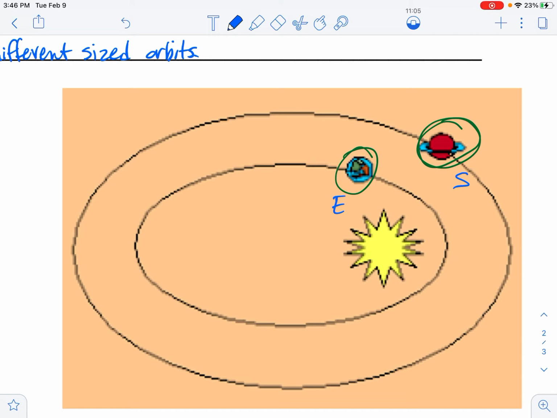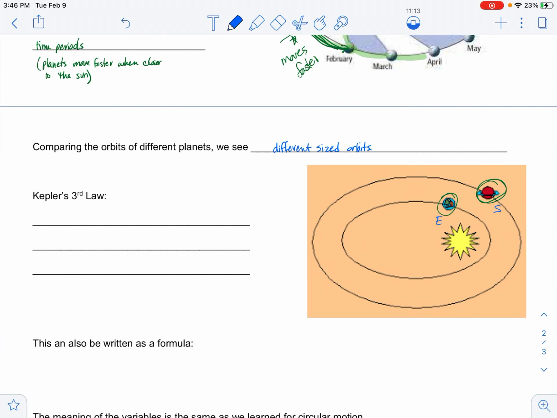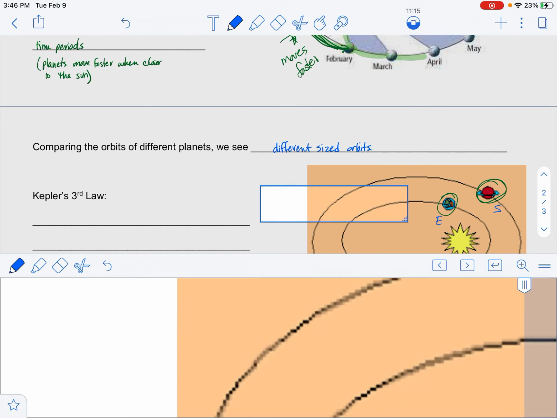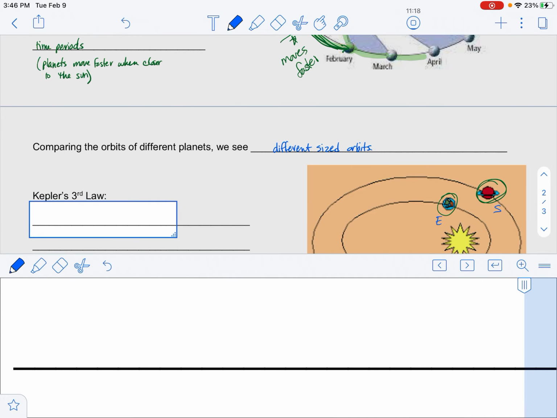Yeah, just by looking at it, right? You can tell me. It's going to take Saturn longer to go around the sun, right? It has further to go, so it's going to take it longer. So that's what Kepler's third law does. Kepler's third law compares the orbit and the time it takes the planet to go around the sun.